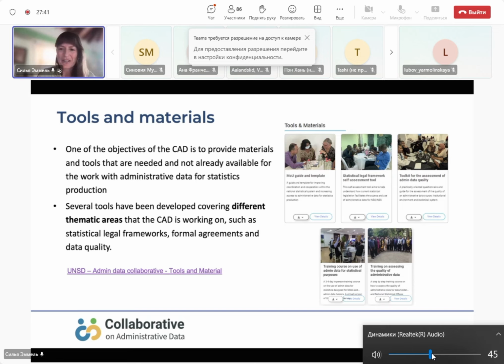Then a toolkit on assessing quality, and there's much more. You can find this on the webpage, and it's nice to explore for all of you that are interested in digging further into this. All of it has been developed by the members and in collaboration with the members of the collaborative.